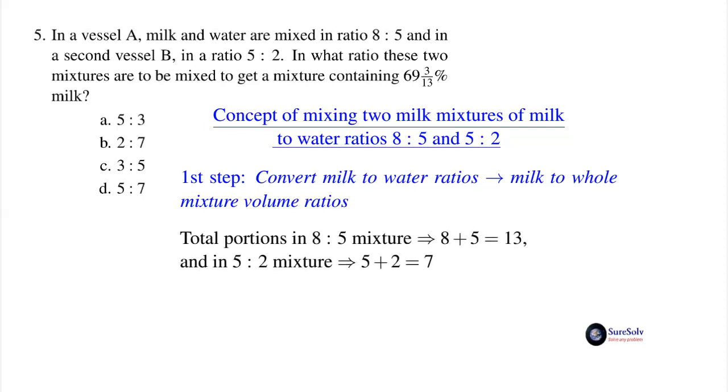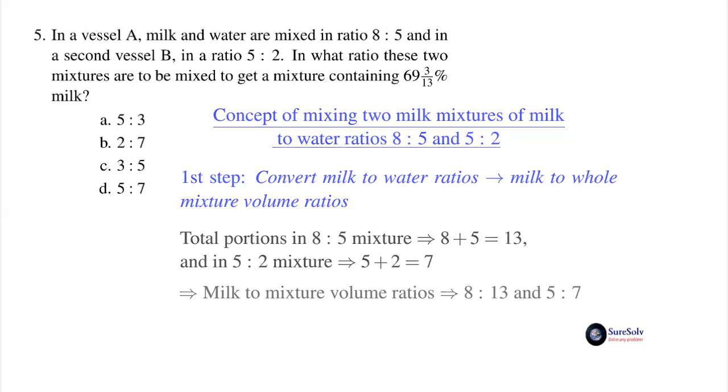Total number of portions in first 8:5 mixture is 8 plus 5 equals 13 and in second 5:2 mixture is 5 plus 2 equals 7. The milk to water ratios can now be converted to milk to whole mixture volume ratios. For the first mixture it is 8:13 and for the second 5:7.